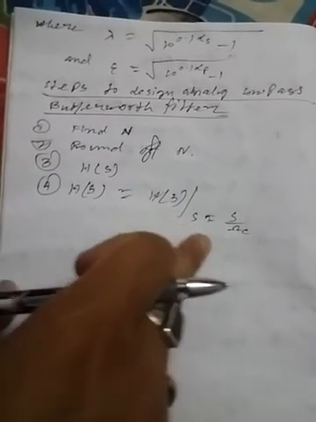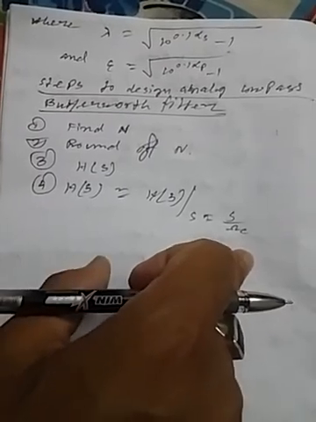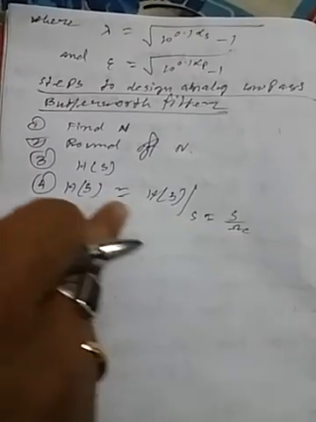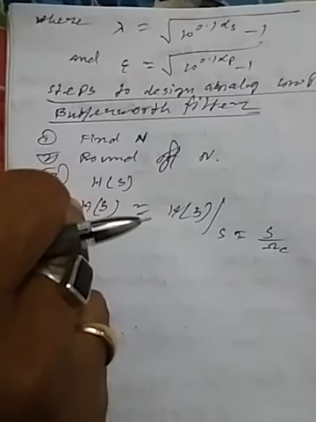So you have to put s equal to s by omega c, then you will find the original transfer function of the filter. Okay, so that is the design of analog low pass Butterworth filter, right?